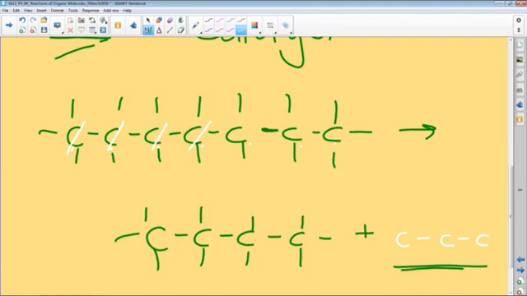Because it was butane, we used 10 hydrogens. So we've got 1, 2, 3, 4, 5, 6, 7, 8, 9, 10. That leaves me with 6 that I need to put around here. So normally we'd go 1, 2, 3, 4, 5, 6.